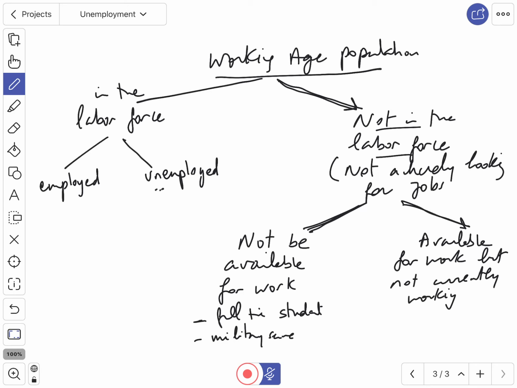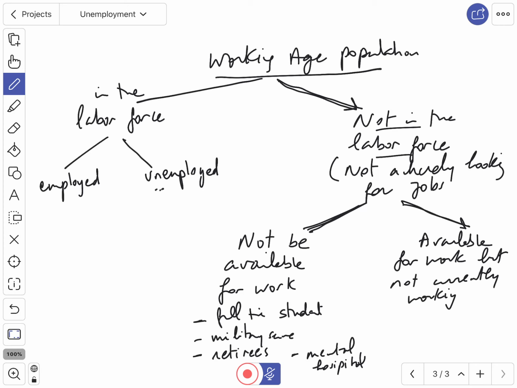You might be retired, right? Also people in a mental hospital, right? Okay, and the other possibility is available for work but not currently working.